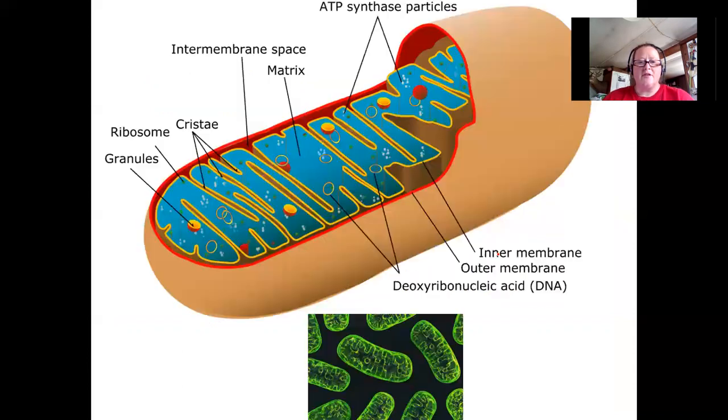So let's look at a picture of the mitochondria. There are two membranes. There's the outer membrane, which is this red color here, and the inner membrane, which is kind of squiggly and it's yellow. The citric acid cycle is one of the pathways we're going to learn about, and it occurs in this mitochondrial matrix.